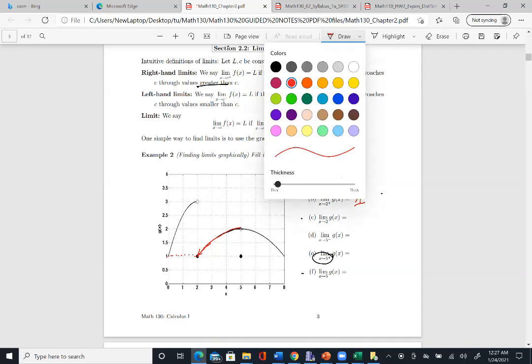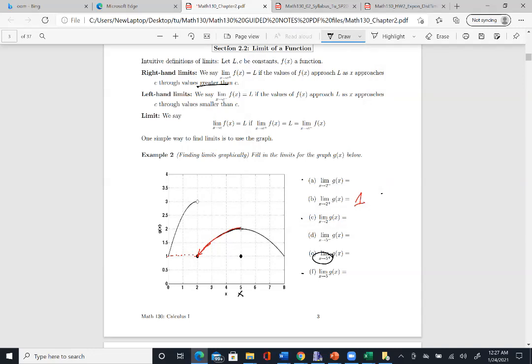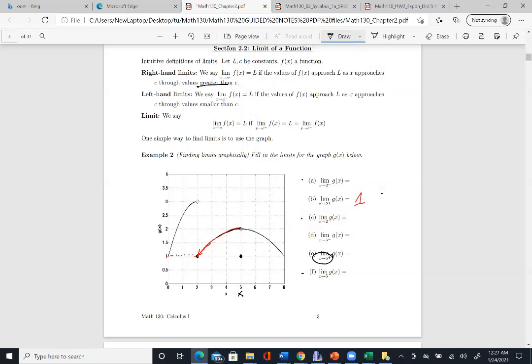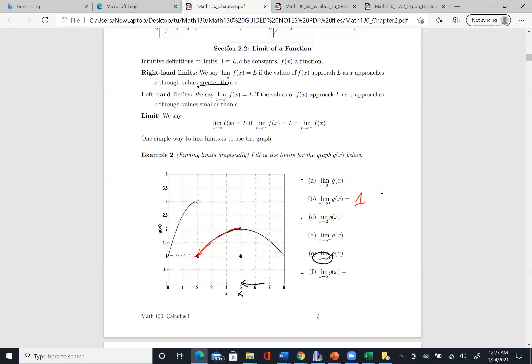Now we come here at 5, and we go from the right-hand side, so through values greater than 5. So it goes this way, approaching 5, right?